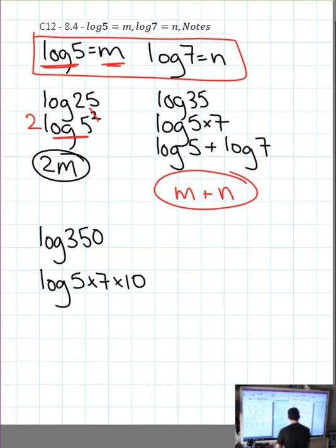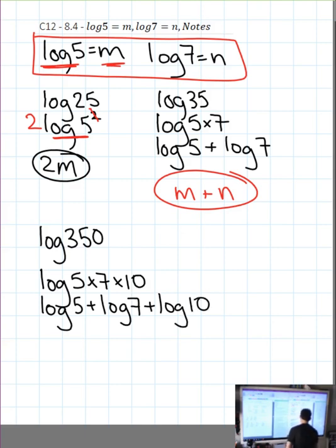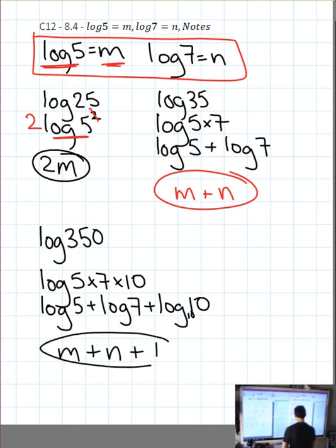Well, I can separate that to be log 5 plus log 7 plus log 10. Now, I know log 5 is simply m, and log 7 is simply n, and log 10, well, I know that we have a base of 10, and what power do you have to raise 10 to equal 10? 1. The answer is m plus n plus 1.